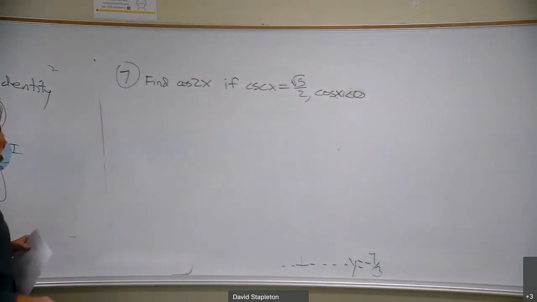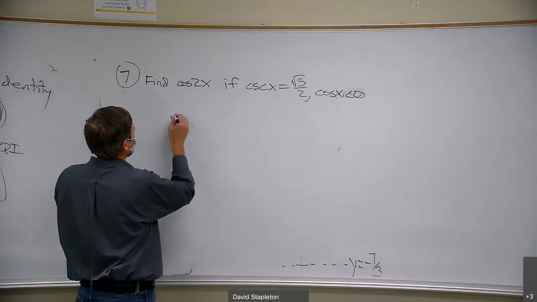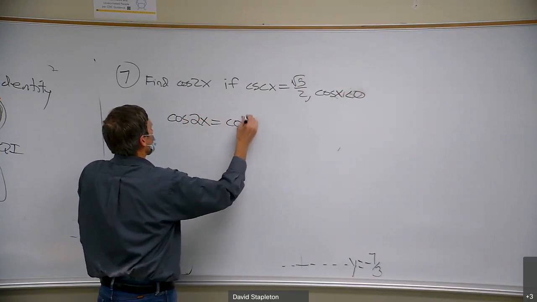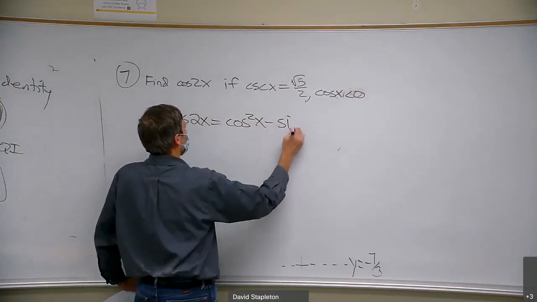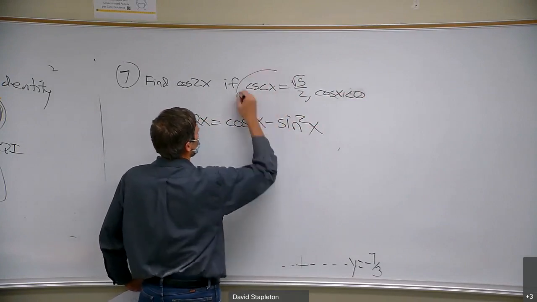On these where I say find cosine or sine, a trig function of a double or half angle, what you do is write down the double or half angle formula. Cosine 2x is cosine squared x minus sine squared x. You write that down, then you figure I need these. How do I get that from what I have left?